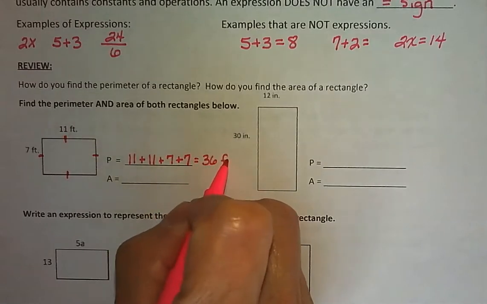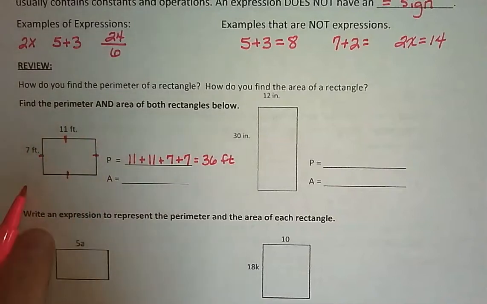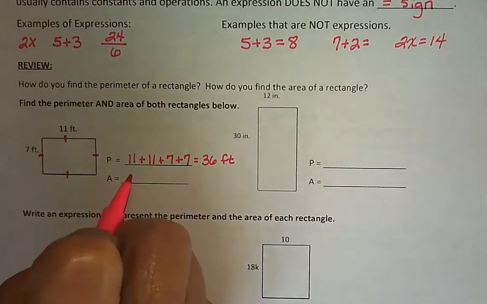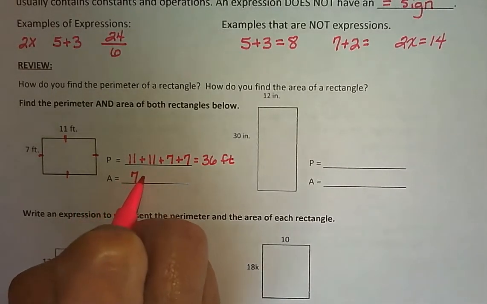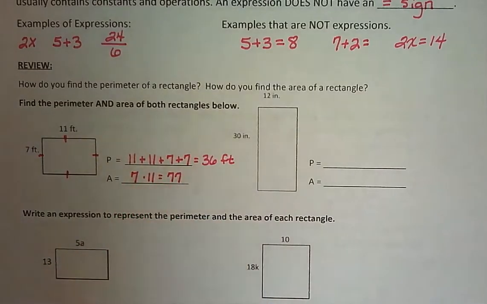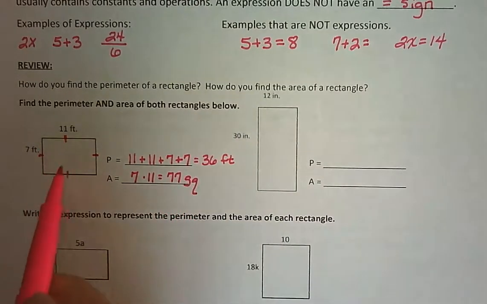Remember, we always want to include our labels. Since this problem is given to us in feet, we want to make sure that we add feet there. And then the area, remember, area is always length times width. So we would do 7 times 11 to get 77. And then remember, when we do area, we're talking in square units. Remember, area is the distance inside, perimeter is the distance on the outside.